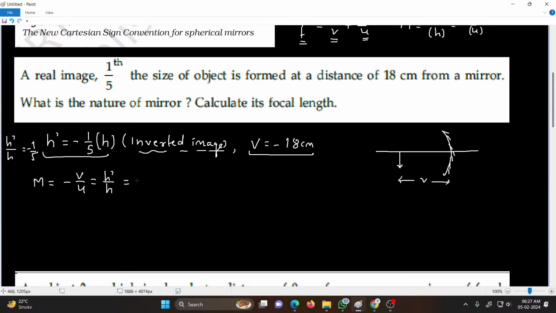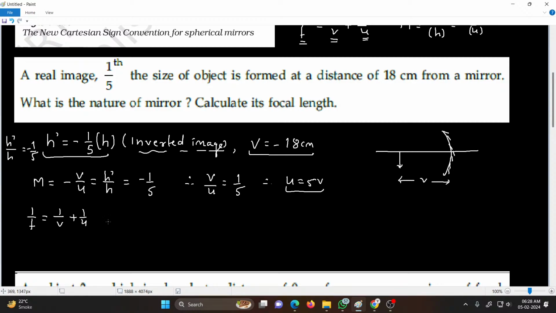So h dash upon h is minus 1/5, and that gives you the relation v by u is equal to 1/5, and that gives you the relation u is equal to 5v, or v is equal to 1/5 u. So with this relation between u and v, you can use the mirror formula, 1/f equal to 1/v plus 1/u.